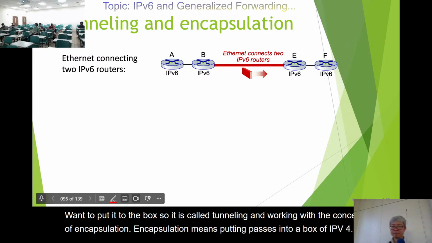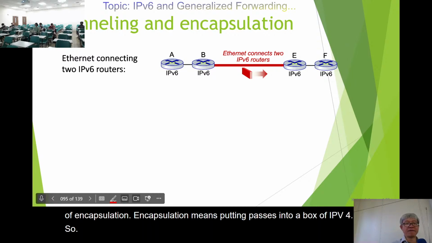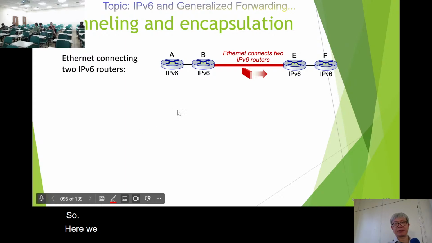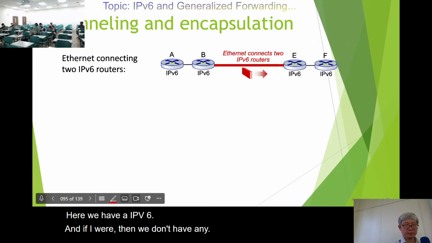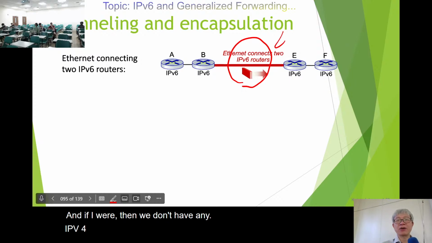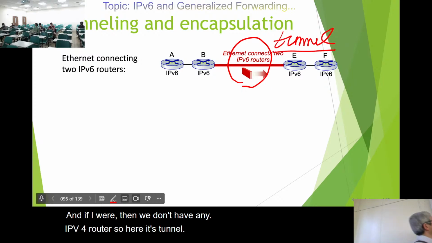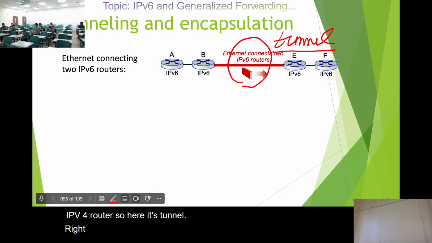So here we have IPv6, and within we don't have any IPv6 router, so here is the tunnel. Right? We have a tunnel going through the domain of IPv4 routers.